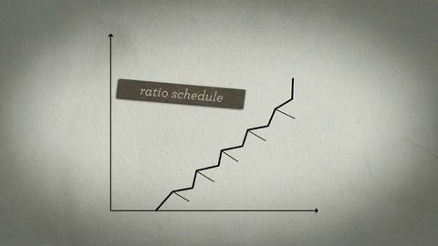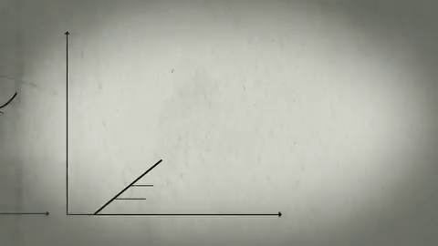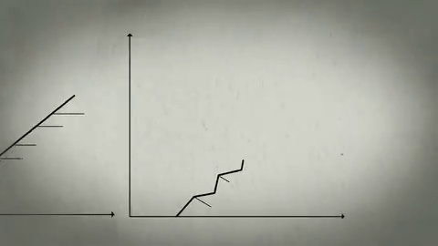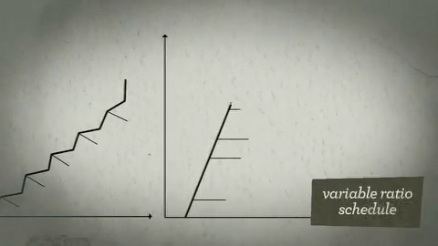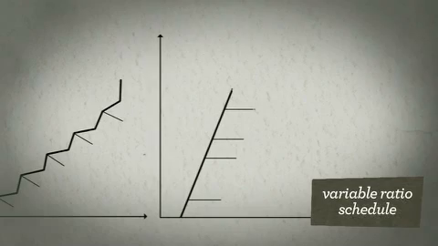Both schedules can be either fixed or variable. A fixed ratio schedule reinforces behavior after a set number of responses. A variable ratio schedule reinforces behavior after a changing number of responses.